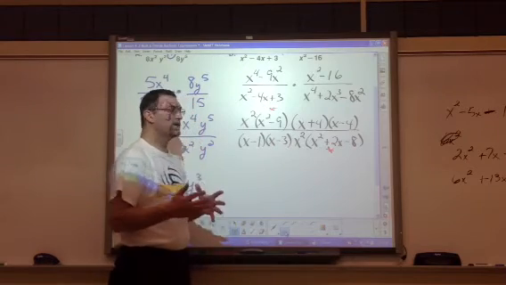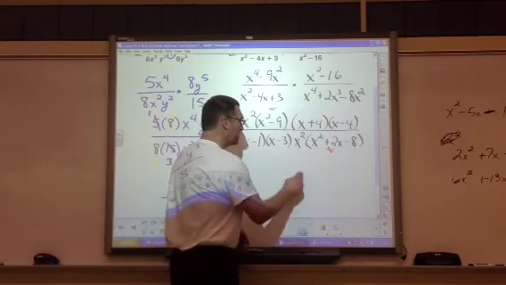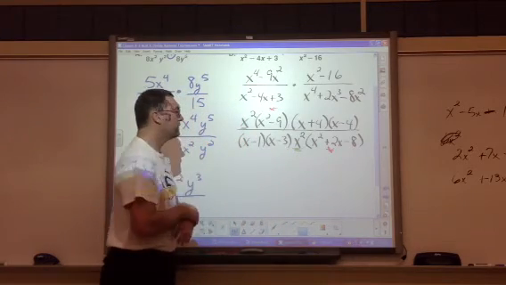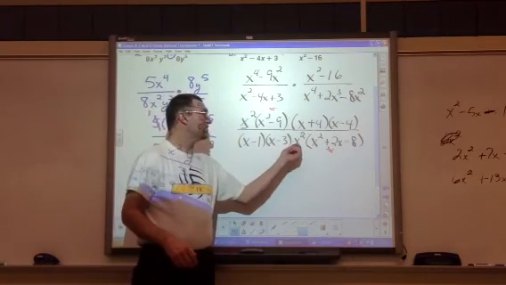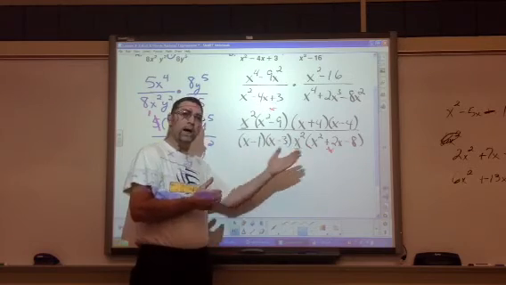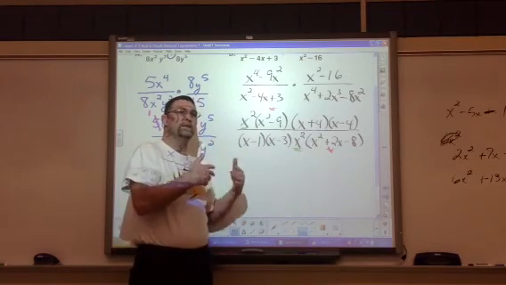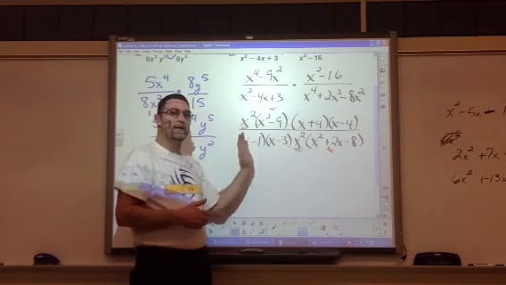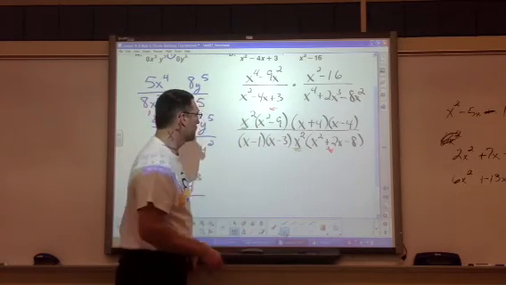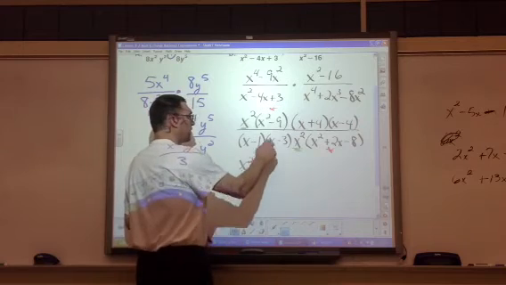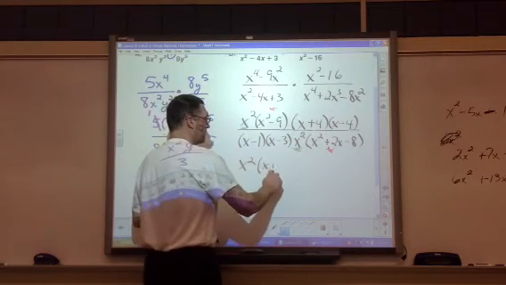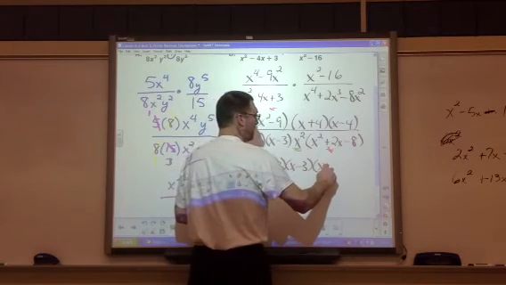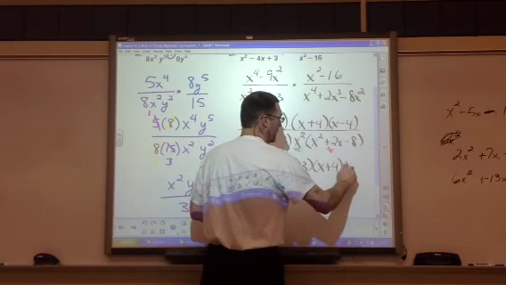Now, when you do this other step, one of the things I want you to notice is that I have an x squared here and an x squared here. Whenever I have just a monomial in the middle, I'm going to move it to the front, if I can see that, so that it keeps those together. So we've got x squared minus 9 is x plus 3, x minus 3, then I have the x plus 4 and x minus 4.